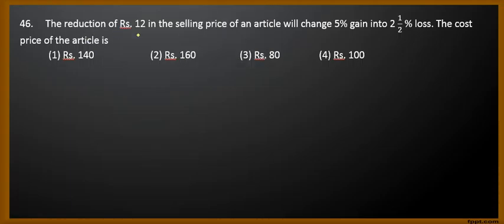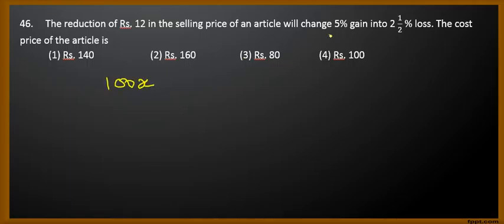The reduction of rupees 12 in the selling price of an article changes a 5% gain into a 2.5% loss. The cost price of the article is. Now assume the cost price to be 100x.